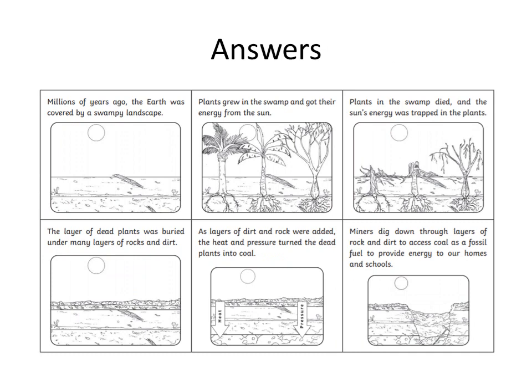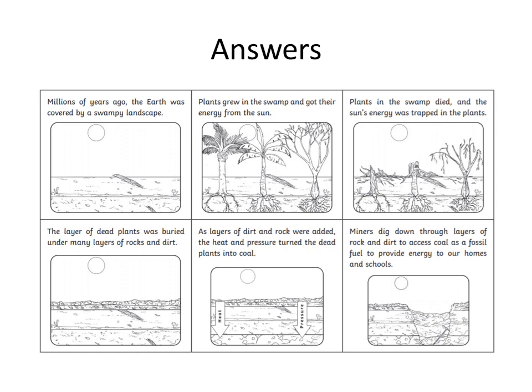Let's see if you were correct then. Let's have a look at the answers now. The first one, millions of years ago the earth was covered by a swampy landscape. Plants grew in the swamp and got their energy from the sun. Plants in the swamp died and the sun's energy was trapped in the plants.